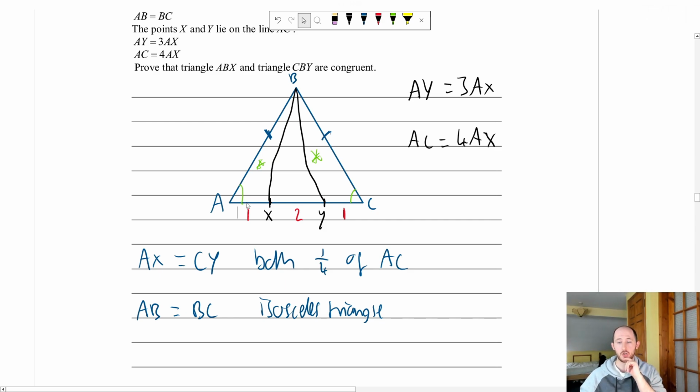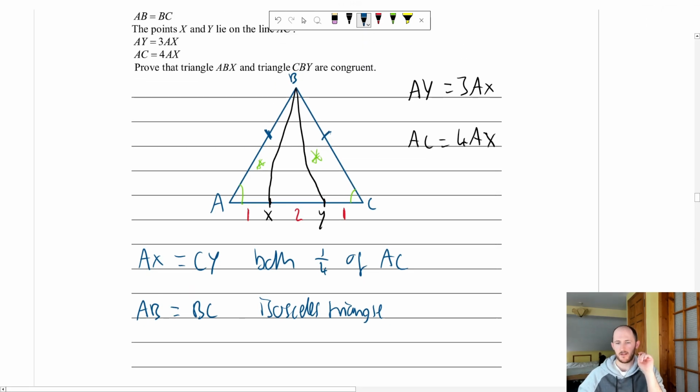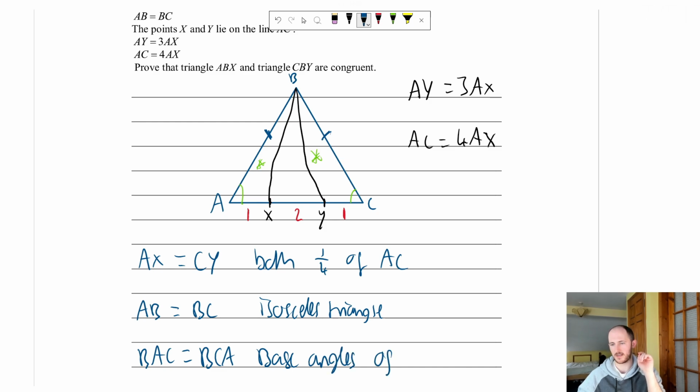Well, good news. ABC is an isosceles triangle. And what's important about an isosceles triangle? Well, these two sides are the same. The base angles are equal. So again, we know that. So we know that angle BAC equals BCA because base angles of isosceles triangle are equal.